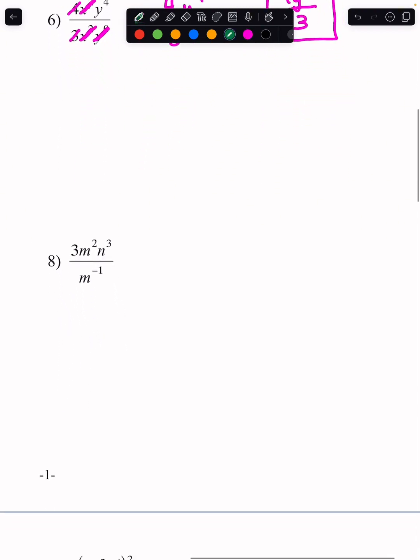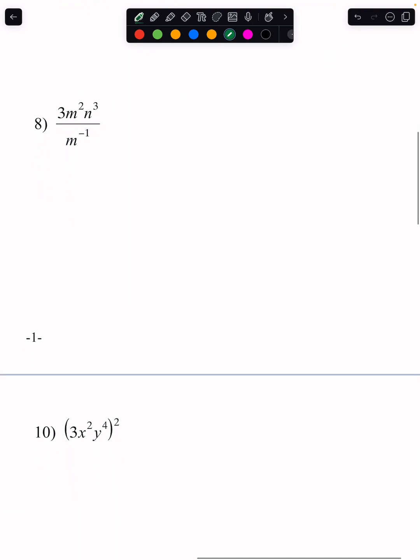Let's keep going. Remember, if you don't like living downstairs, what should you do? Move upstairs. So this one has to move up. So I have M1 up there. So it looks like everything is upstairs now. I have a 3 up there.